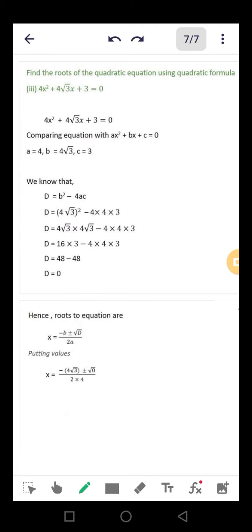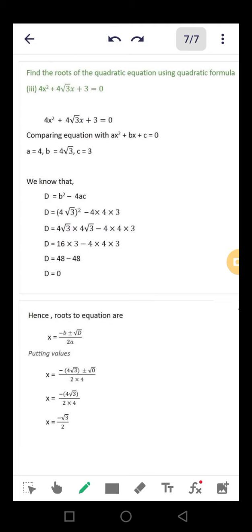A is 4, so I have written 2 into a, that is 2 into 4. Minus 4 root 3 by 2 4 times is 8. I can cancel this 4 and 4 here. I get minus root 3 by 2. Here I am getting only one value because root 0 is 0.